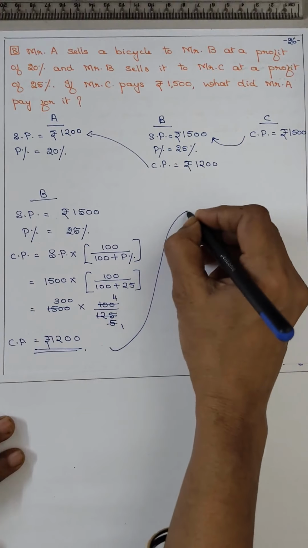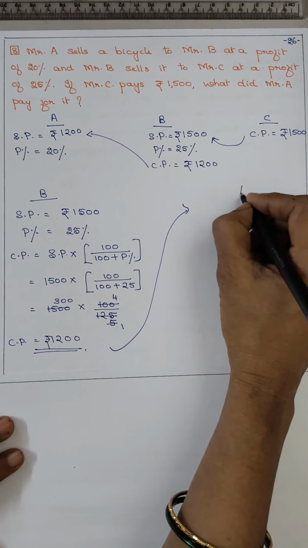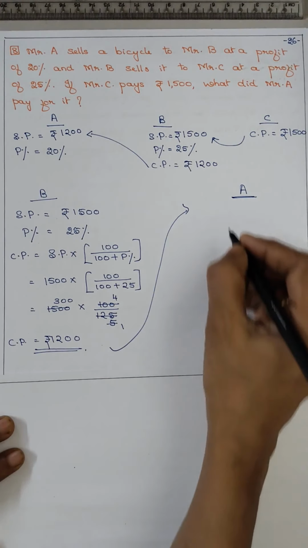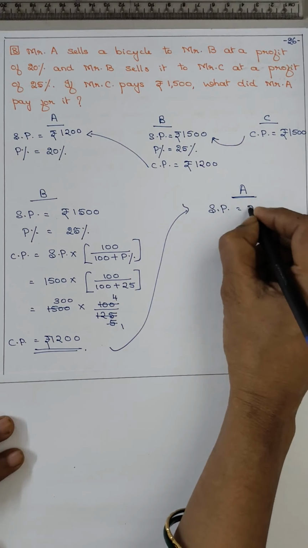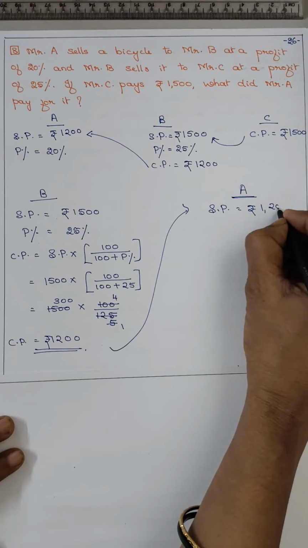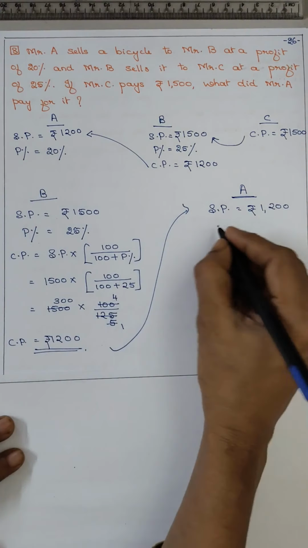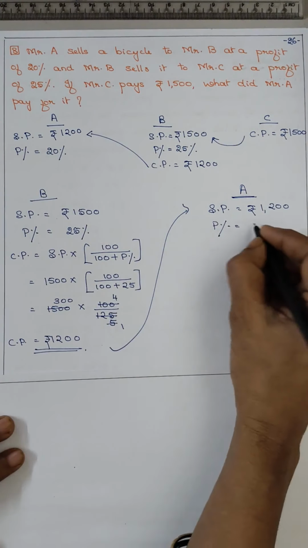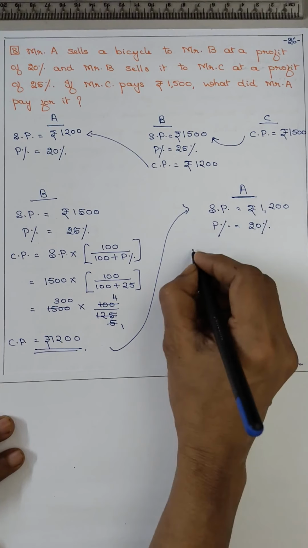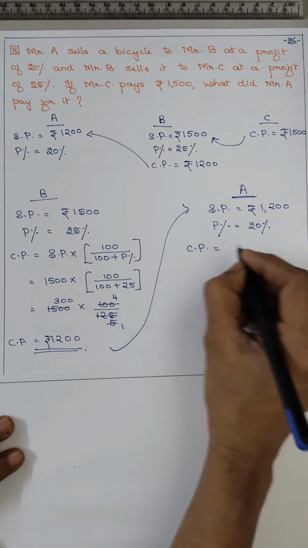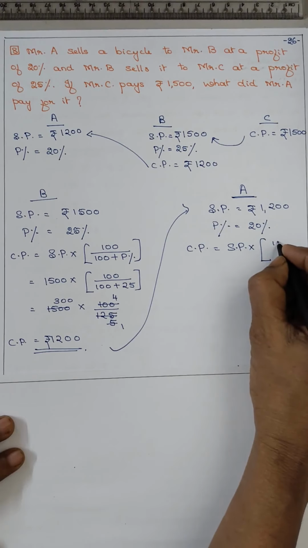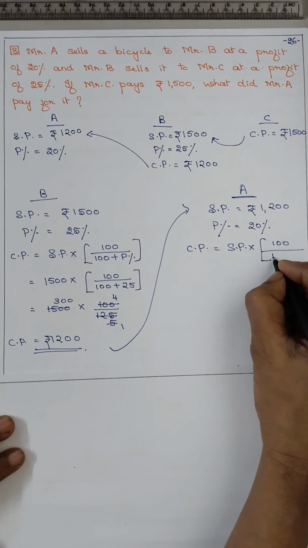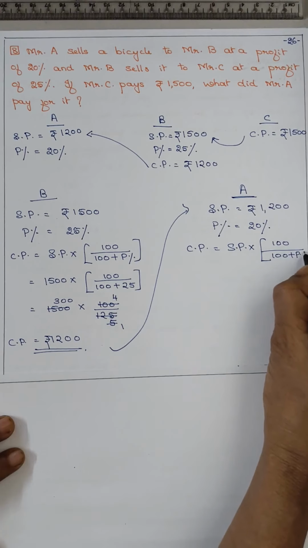Now take this A, it is SP for A, rupees 1,200, and profit percent is 20%. Find out the CP. SP into 100 upon 100 plus profit percent.